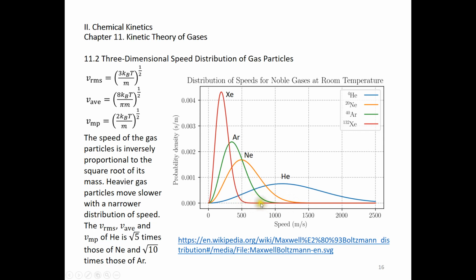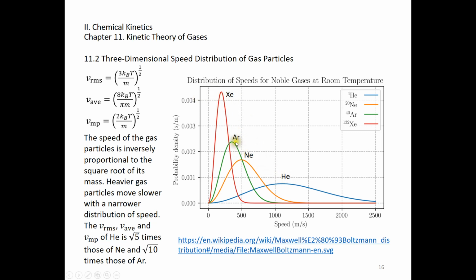And also, it's really easy to find the most probable speed. That just means the maximum probability density. So we find out here, here, here, and here for xenon, argon, neon, and helium.